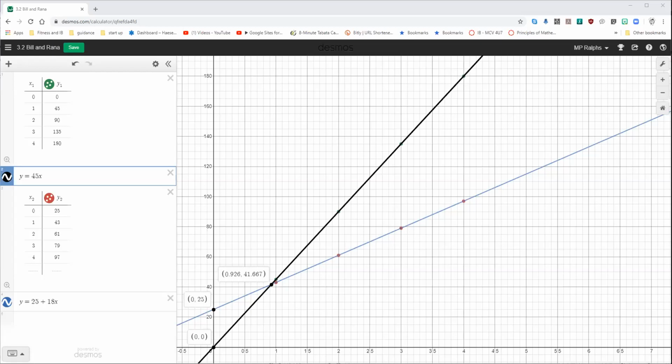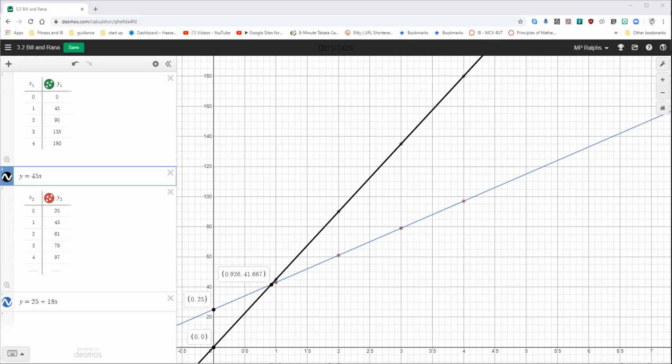If you chose Rana, she would charge $41.67 for 0.926 hours worked. So right at that point, it doesn't matter which of the two services you select, they're going to charge the same amount of money. And we'll analyze this kind of thing a little bit more in detail in the future.